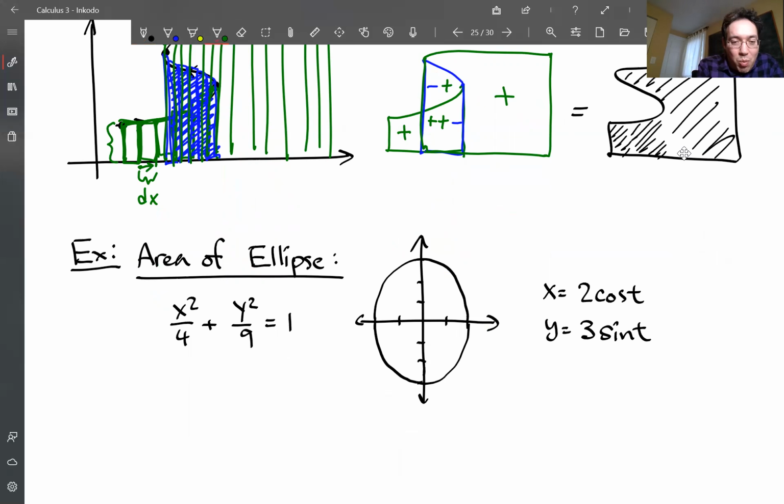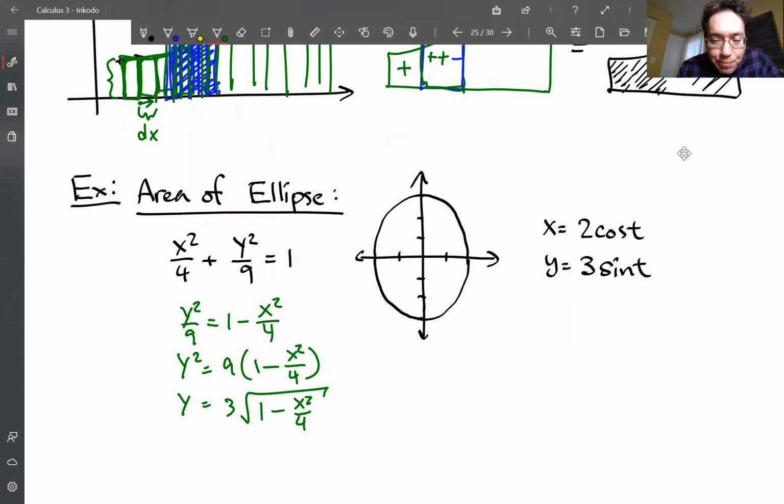And then we could solve for y, and then multiply by 9. And we could square root and take the positive square root. That would be above the x-axis there.